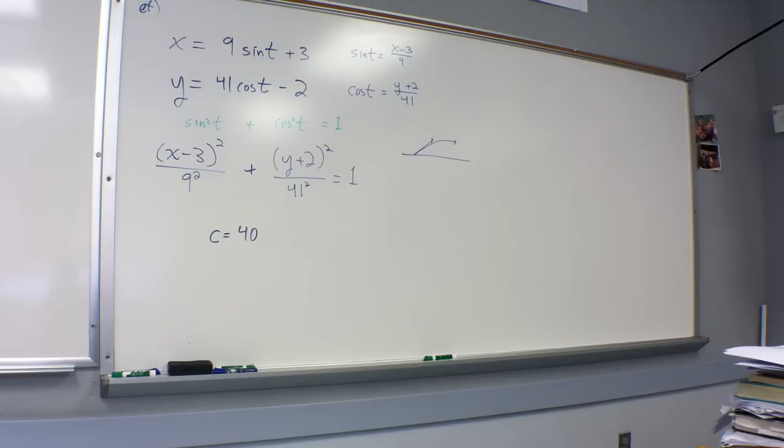With a little bit of algebra, I can rearrange this to secant squared theta minus tangent squared theta equals 1. That's why I'd like to let you guys stop at this step a couple of times.